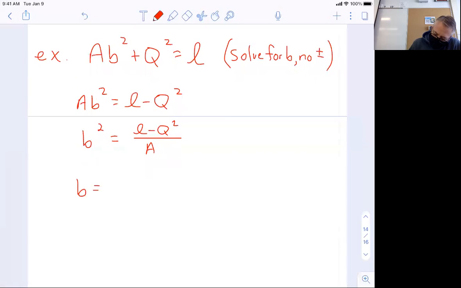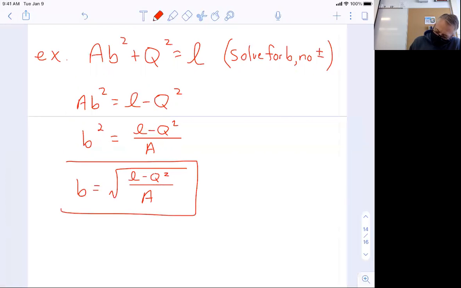So b is equal to the square root of, and we don't need the plus or minus out front, the square root of L minus q squared all over A, and there it is solved for b in terms of L, Q, and A.